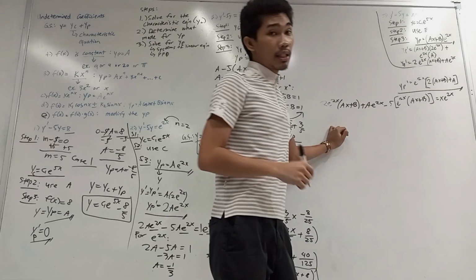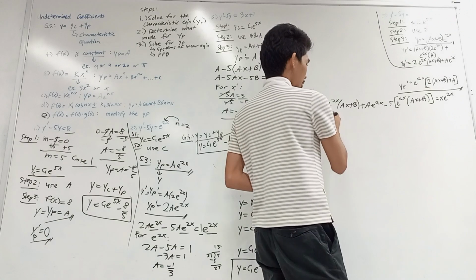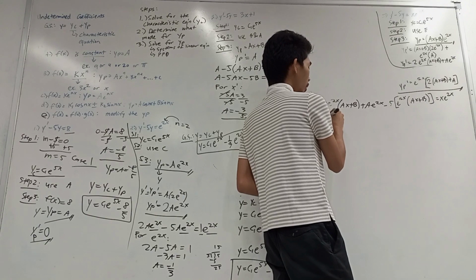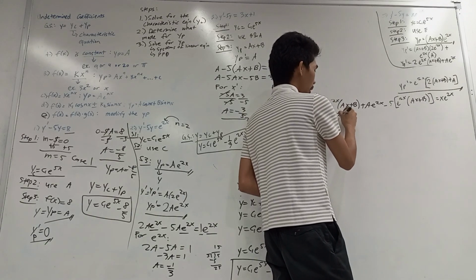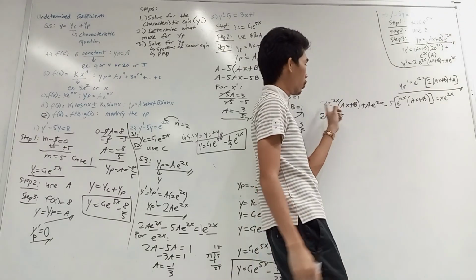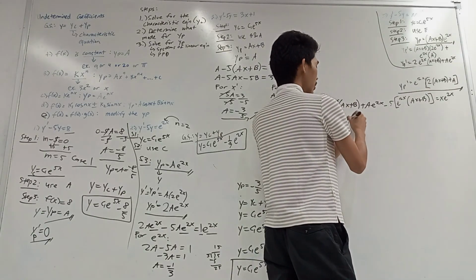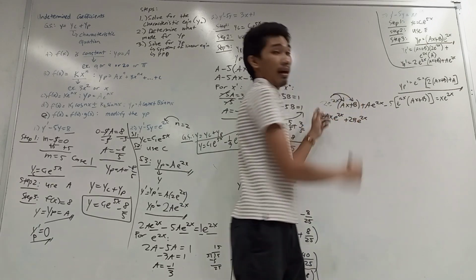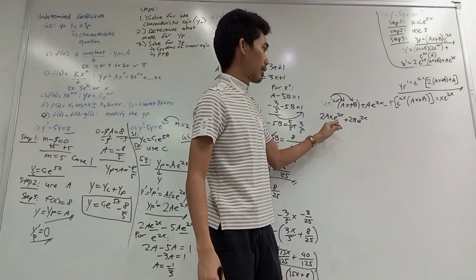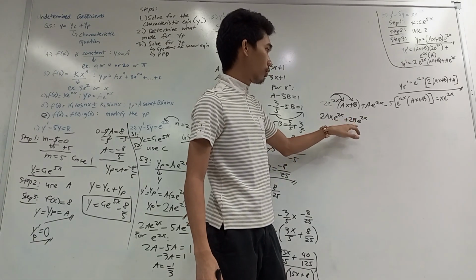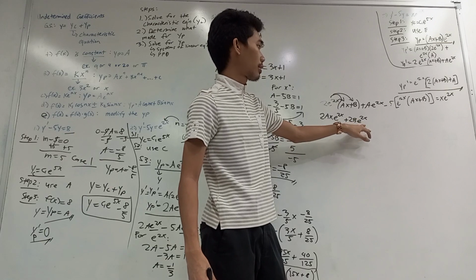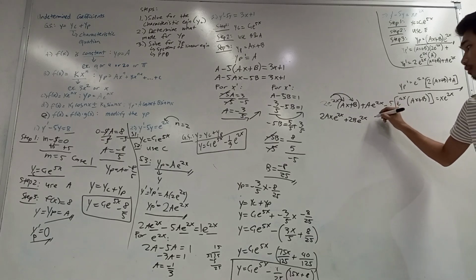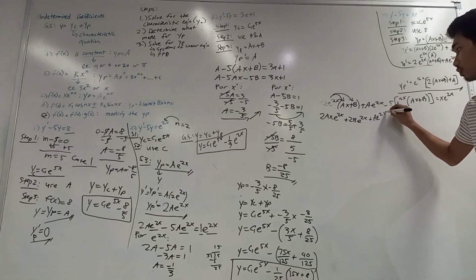So, mag-start na tayo mag-distribute, which is the long process. So, 2e raised to 2x times ax. So, 2ax e raised to 2x. And then ito, next is 2b e raised to 2x. And then ito, 2ax e raised to 2x, 2b e raised to 2x. Okay? And then, ito, plus a e raised to 2x.